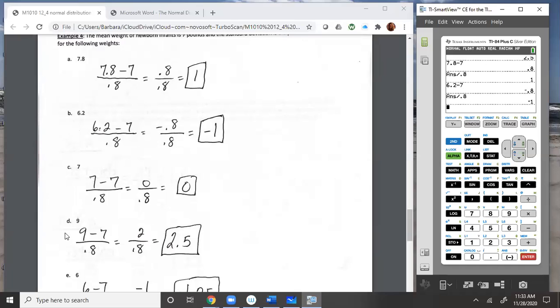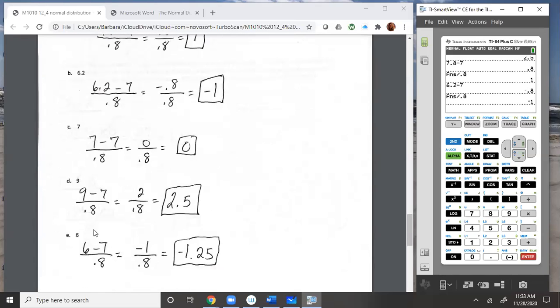All right. So an infant that was born 9 pounds should have a positive z-score because it's above the mean. Let's calculate. 9 minus 7 is 2. 2 divided by 0.8 is 2.5. So an infant with birth weight of 9 pounds has a z-score of 2.5, which means this infant is 2.5 standard deviations above the mean.